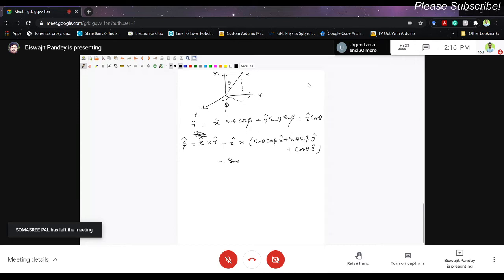So sine theta cos phi, this will be y cap, minus z cap cross y cap, that is equal to minus x cap, times sine theta sine phi. I should not write this as phi cap yet because it is some vector.